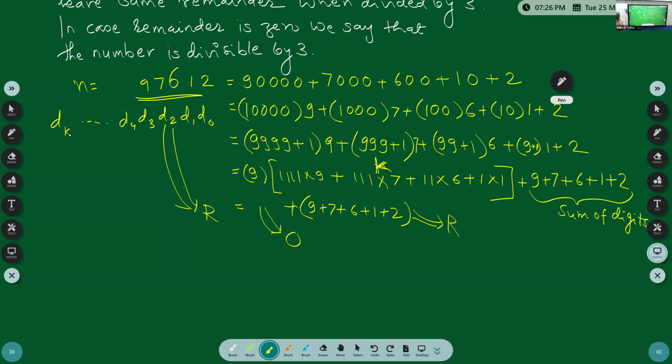So we have started with a natural number which has got k digits. Then whatever we have done for 97612 in RHS can be done for Dk, Dk minus 1, dot dot dot, D4, D3, D2, D1, and D0. The manipulations, the trick is going to remain the same. Only 9 will be replaced by D4, 7 will be replaced by D3, and so on.